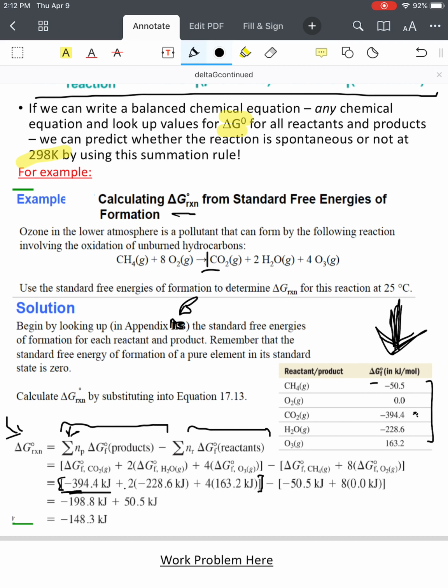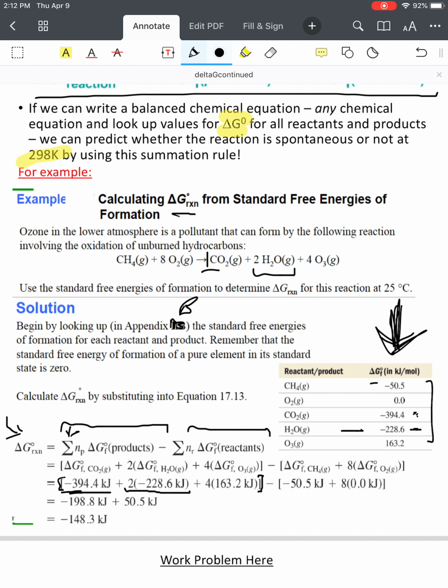Now this second term right here, notice that I'm going to add CO2's contribution to 2 times the negative 228.6 kilojoules. Now where does that come from? Well, notice here, 228.6 is my term for water vapor, H2O gas. In the balanced chemical reaction, I've got 2 copies of H2O gas, don't I?